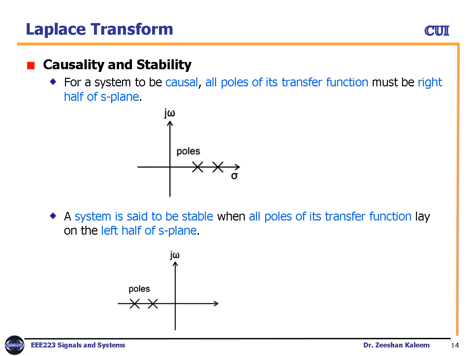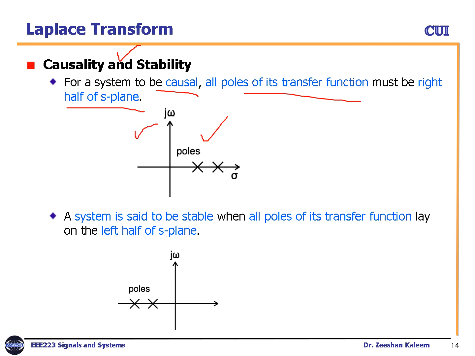So for causality and stability, as I discussed at the start, by using the Laplace transform and Z transform, you can judge the stability and the causality of the system. For a system to be causal, all poles of its transfer function must be in the right half of the S plane. This is the right half, this is the left half.